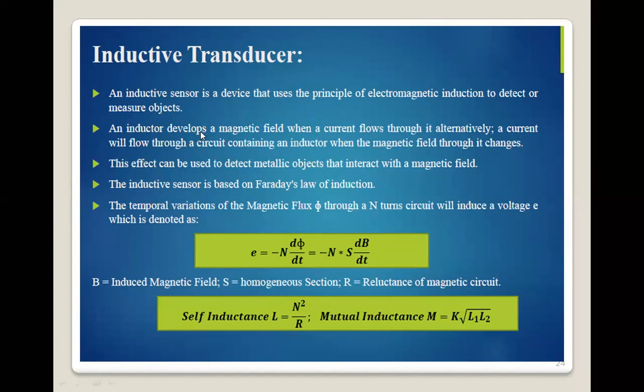An inductor develops a magnetic field when current flows through it; alternatively, a current will flow through a circuit containing an inductor when the magnetic field changes through it. The effect can be used to detect metallic objects that interact with the magnetic field, and the inductive sensor is based on Faraday's law.